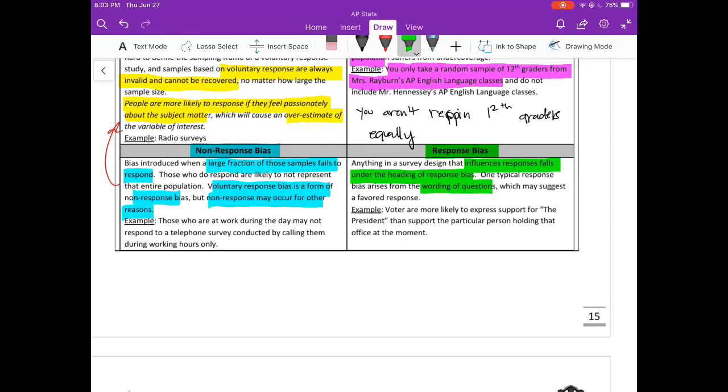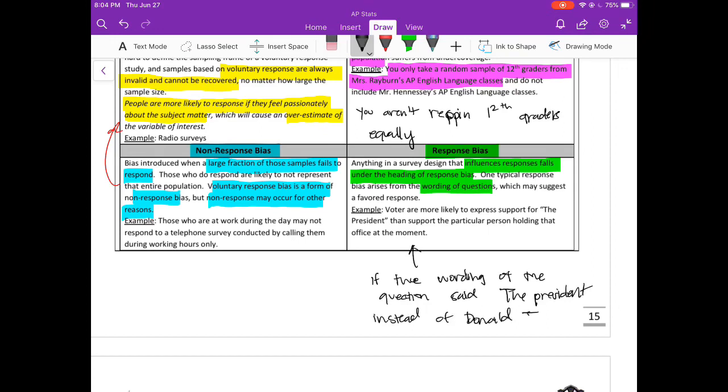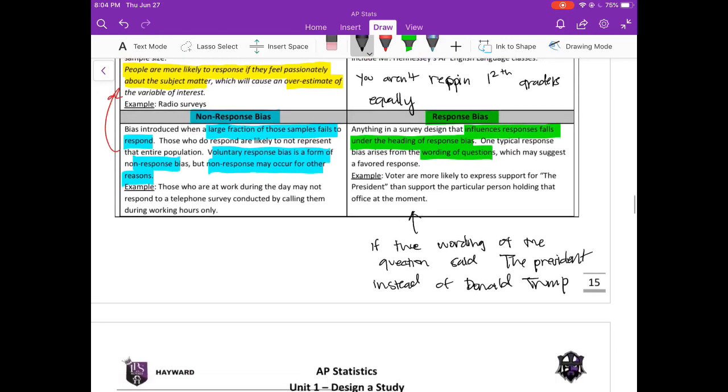So if the wording of the question said 'the president' instead of 'Donald Trump', this can influence how the answers will be given.